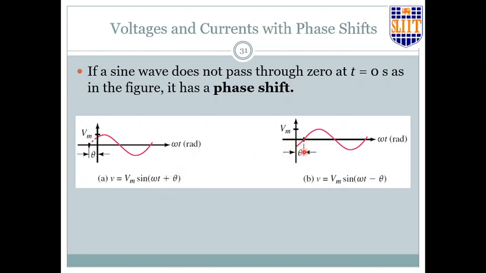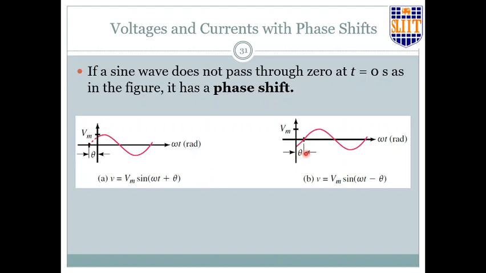And it is lagging or delayed, that will be minus t, or omega t minus t. So that is a little later than the zero crossing point or the other waveform. So that has a negative phase shift. We call this as having negative phase shift, and this as having positive phase shift. Just the principles, for you to understand.